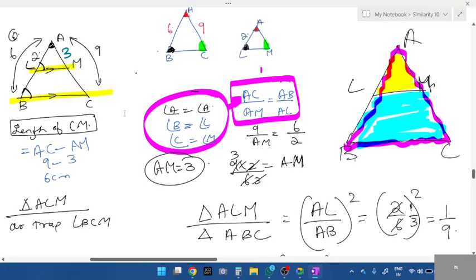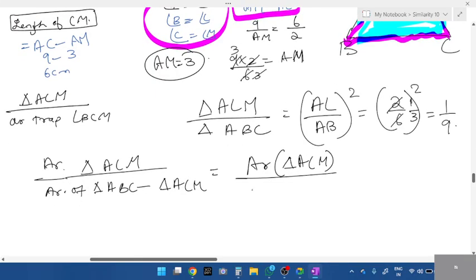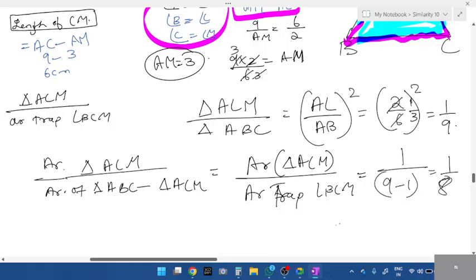That is what they have asked. LBCM is what we need to find. Area of trapezium, not triangle, trapezium LBCM. That is equal to 1 divided by 9 minus 1, 1 by 8. The answer is 1 is to 8. Completed. Be quick. Another 2 questions left.